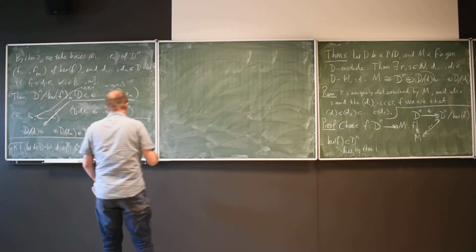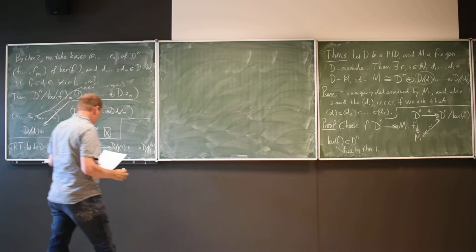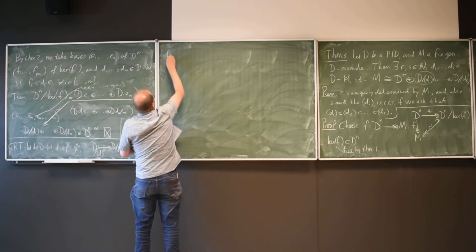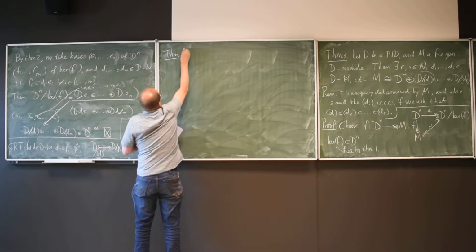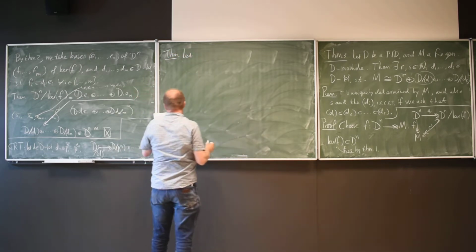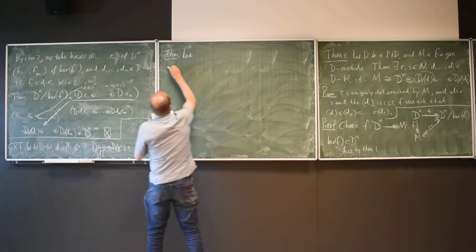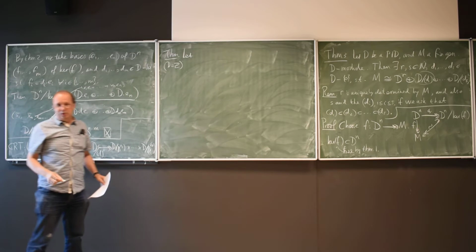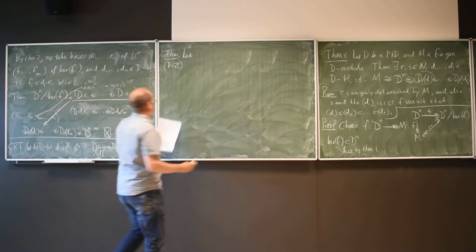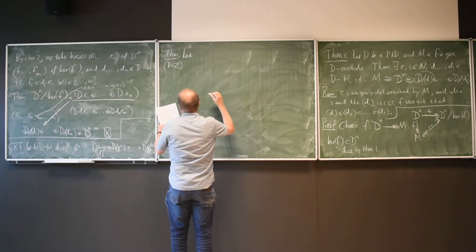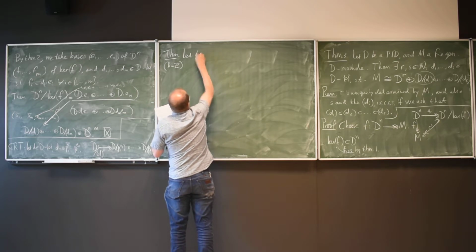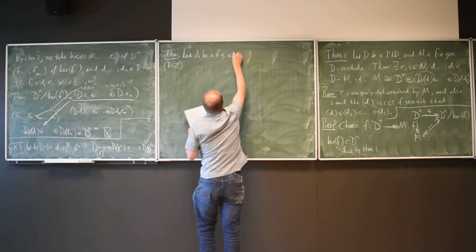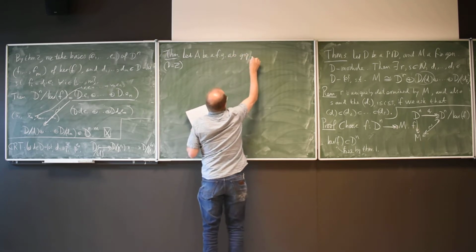So, given that, I can do the application to finitely generated groups. Theorem. Let D be Z, right? So what is a Z-module? A Z-module is an abelian group. So let A be a finitely generated abelian group.